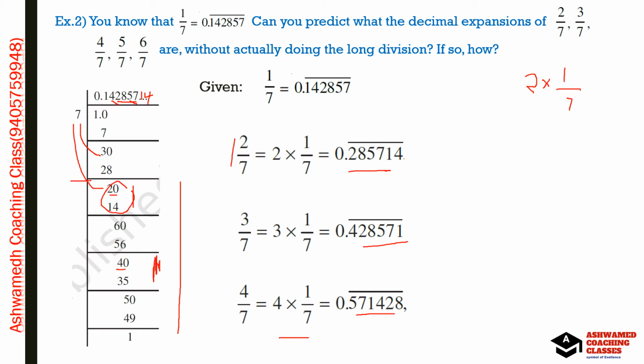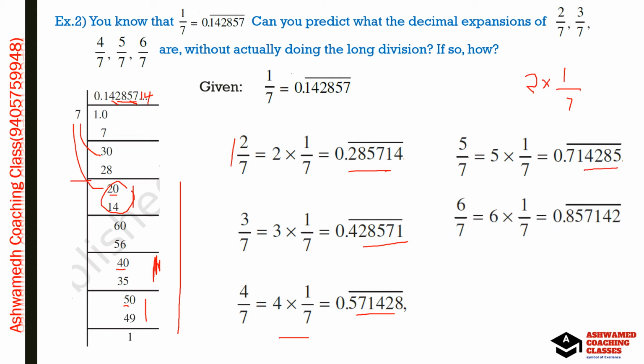Similarly if you take 5 by 7, this is your 5, and now our division starts from here, so the first number in the quotient is 7, and after that 14285. Next is 6 by 7.